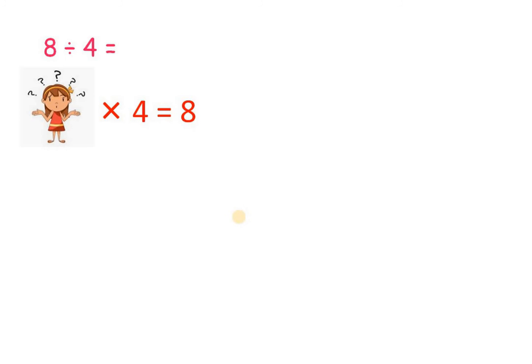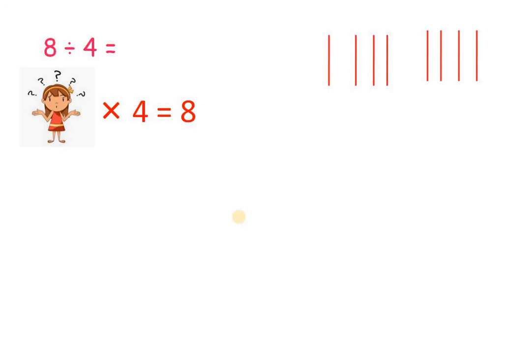Let's find the answer by drawing. We need to draw 8 objects. I want to draw 8 sticks. This is the first stick, second, third, fourth, fifth, sixth, 7th, 8th stick. So here we have 8 sticks, and I want to divide them in groups of 4.